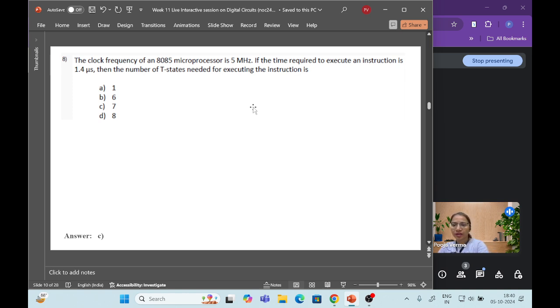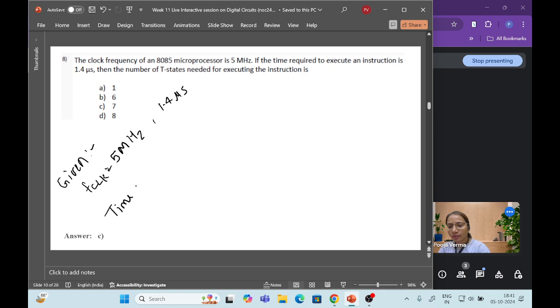Here it is given the clock frequency, that means f clock is 5 megahertz, and the time required to execute an instruction is 1.4 microsecond. So what will be the formula?